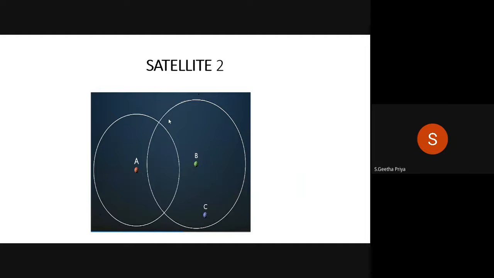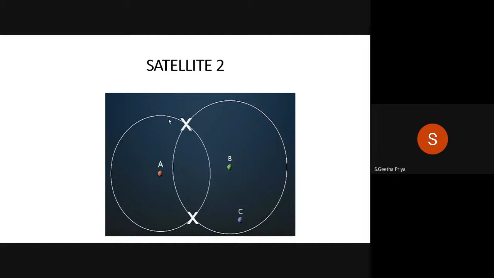These 2 points are the positions where you may reside, not the exact location. So either the person can reside in the X mentioned above, or he can reside in the position below here.